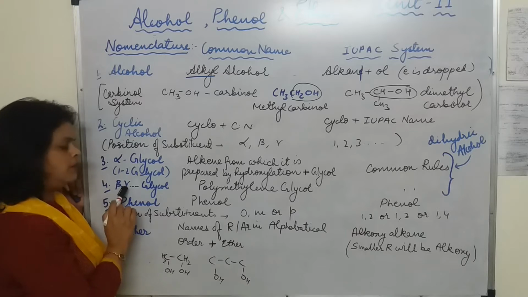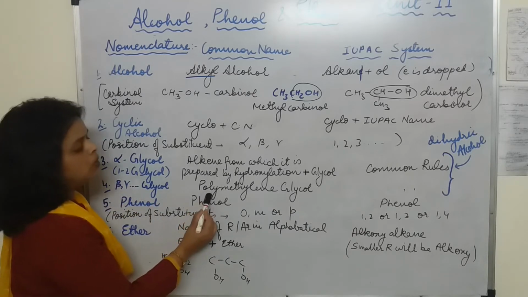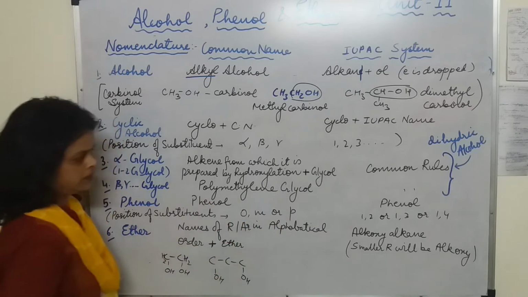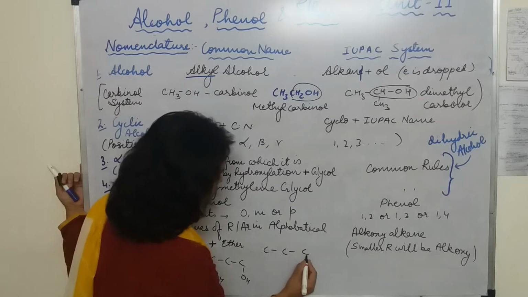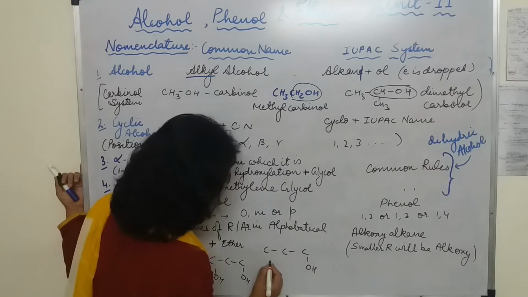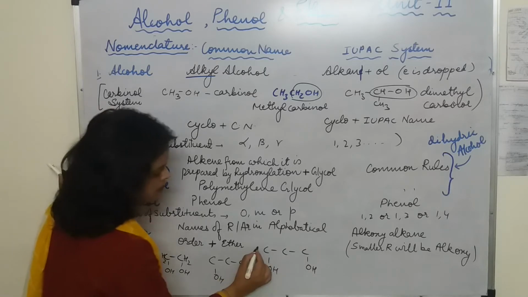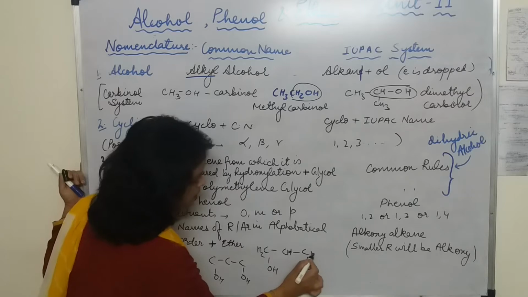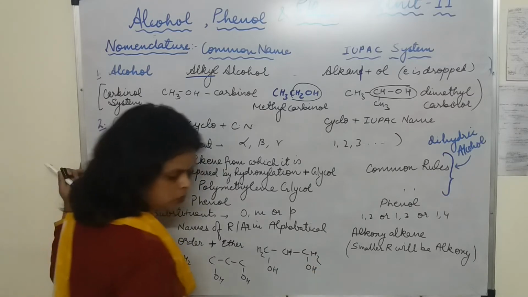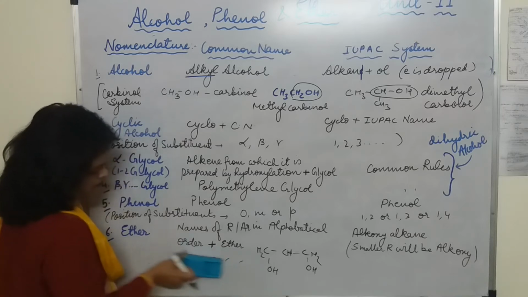Now for beta, gamma or other glycols, we use polymethylene glycol. For example, we have this type of structure that I had already drawn over here.